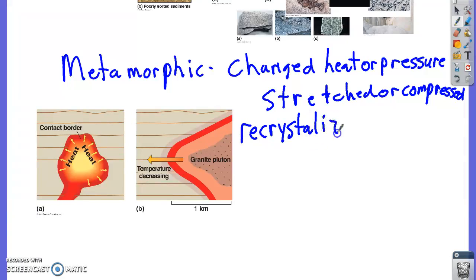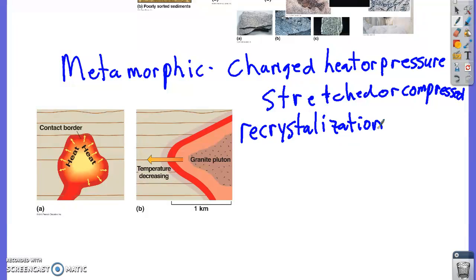It can recrystallize, and so it forms new minerals. Basically, atoms may migrate through that heated rock to make big crystals, or they may recombine and make different crystals. So the crystals may get larger, or they may change into a different kind or shape of crystal, just from the heat and the pressure on it.